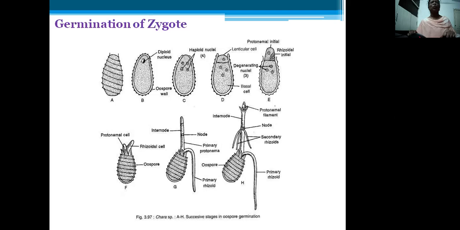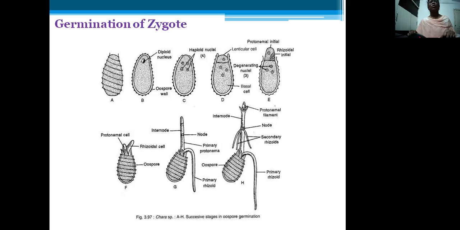This is the primary protonema. The rhizoidal cell grows downwards towards the earth and becomes the primary rhizoid, which later divides to form multicellular branched rhizoids. The primary protonema above has nodes and internodes.